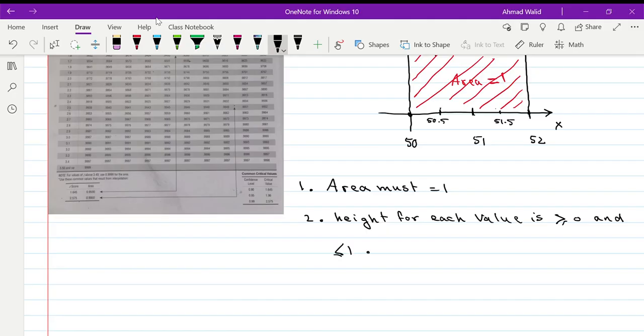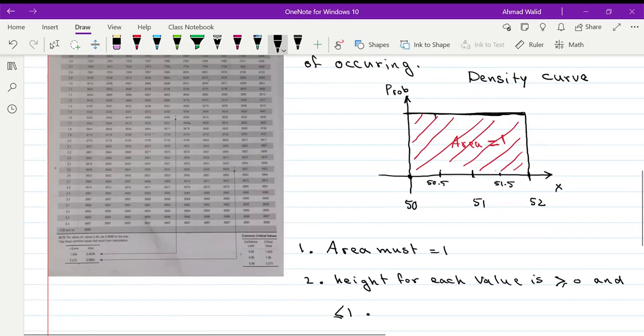Why? You see, the vertical axis, I name it probabilities. We know that probabilities should always be greater than or equal to 0 and less than or equal to what? To 1. Since chapter 4, I'm focusing on this, and I'm all the time asking you, what is the probability? It should be between 0 and 1.